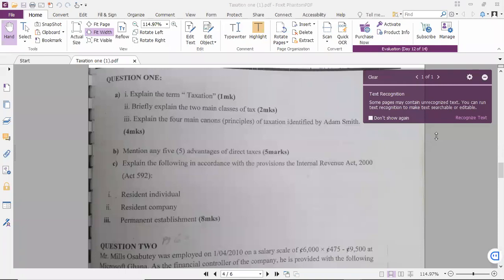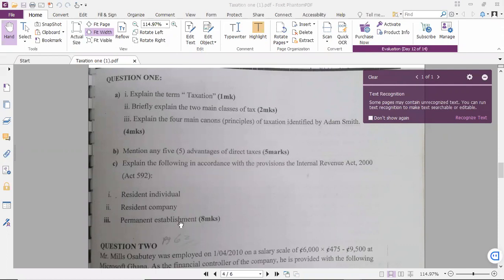You will be considered as a resident person. If you also don't have a permanent residence outside Ghana for the year of assessment, then you are considered a resident person. It is there for you to go and look out for it, but this is the little I can say about it.